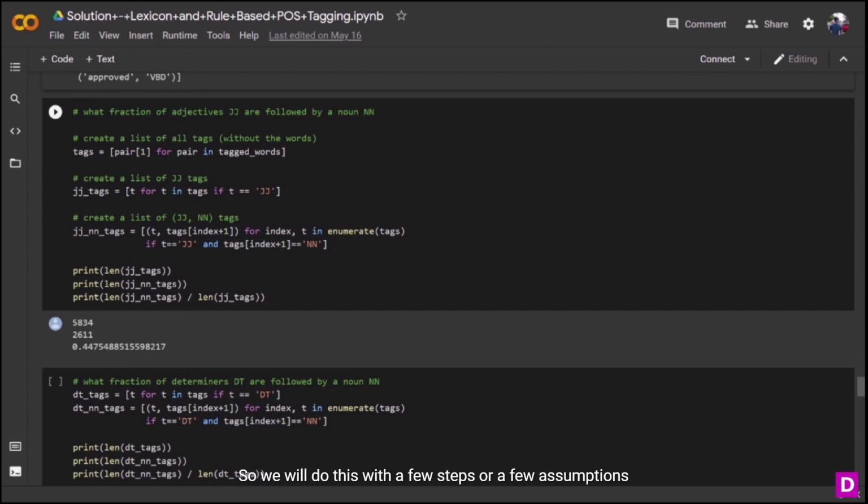We will do this with a few assumptions, that in any given sentence, or generally in any paragraph, we will have certain correlations between the words, agree or not, right? There will always be certain relations between the words before the set of words actually forms a sentence, right?